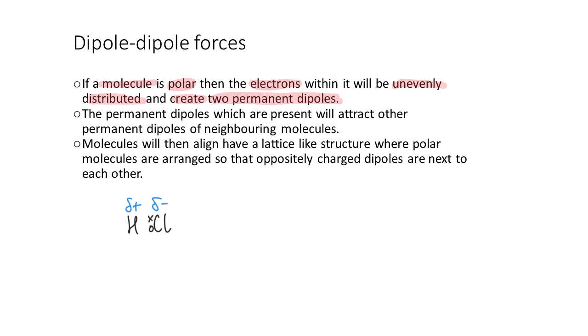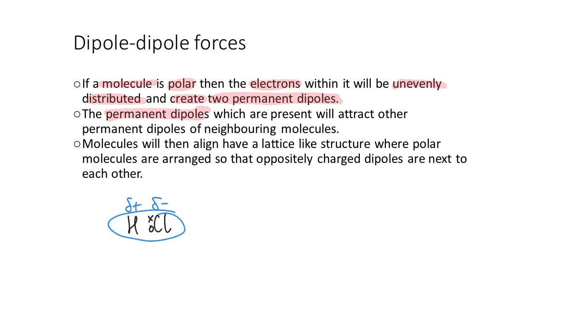Because those electrons are closer towards that side, that makes that side negative and that other side positive. So there will always be a positive and negative side to this particular linear molecule. There are obviously many other molecules of different shapes, but they will always have permanent dipoles if the molecule is polar.